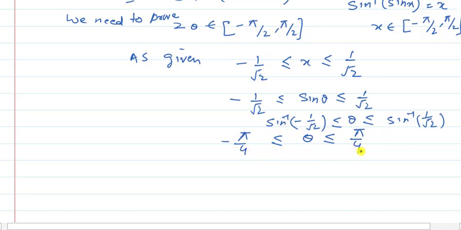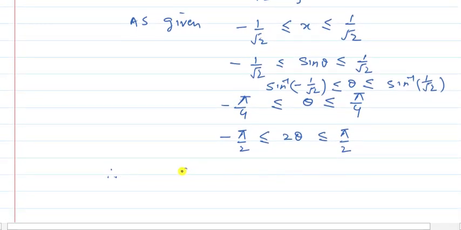So we need to multiply all 3 by 2. So after multiplication, we are getting minus pi upon 2 less than equal to 2 theta less than equal to pi upon 2, which is the required result. So therefore, we can write sine inverse sine 2 theta as only 2 theta.